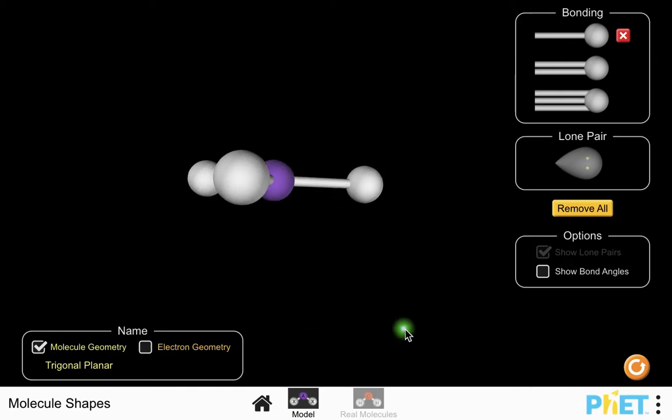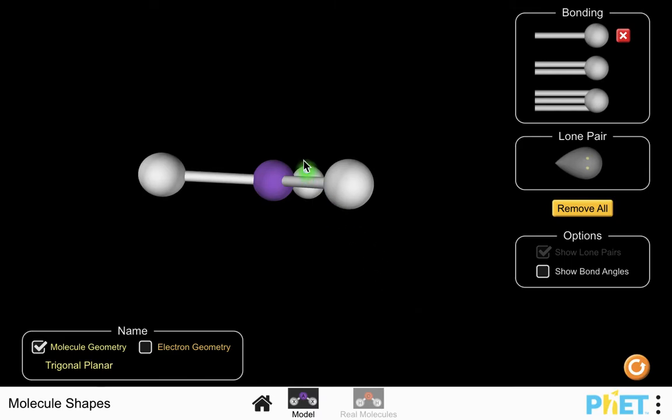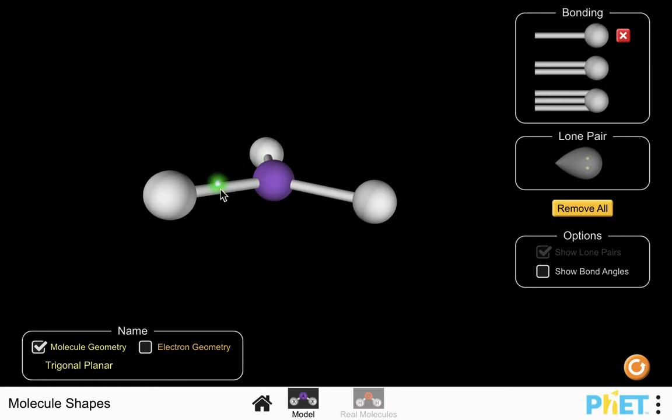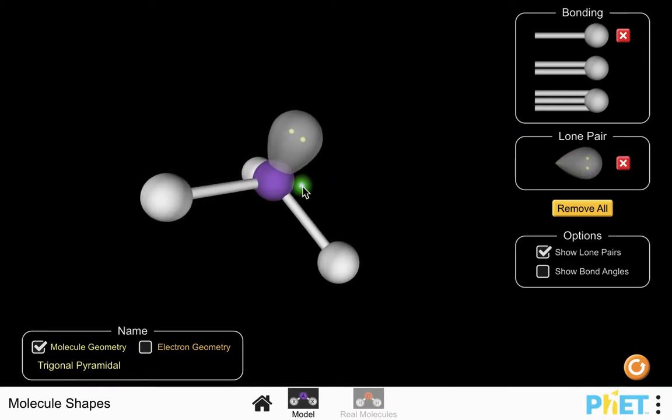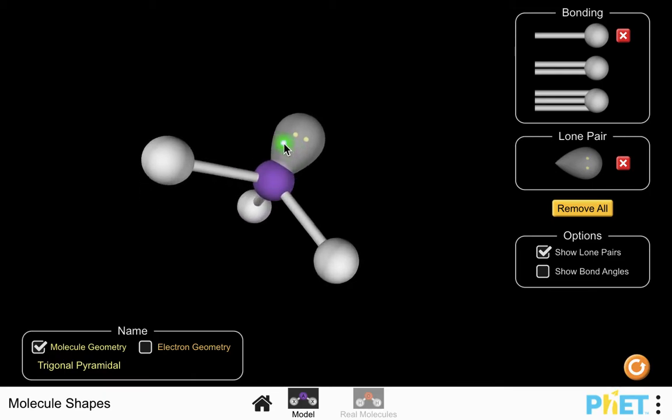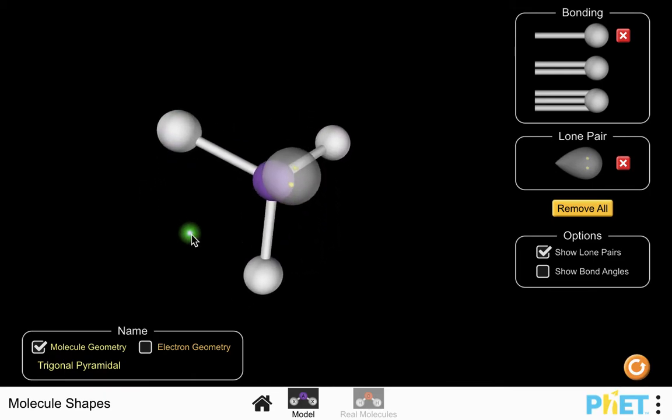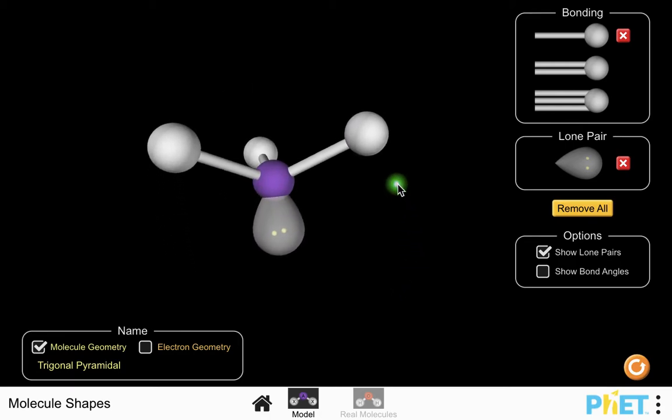If they weren't in the same plane, well, then there would have to be a lone pair or another bond up here that would repel these away. So if I put another lone pair on it, you'll see that these bonds will bend away from it. So watch. Everything's simply arranging itself so that everything is as far away from each other as possible.